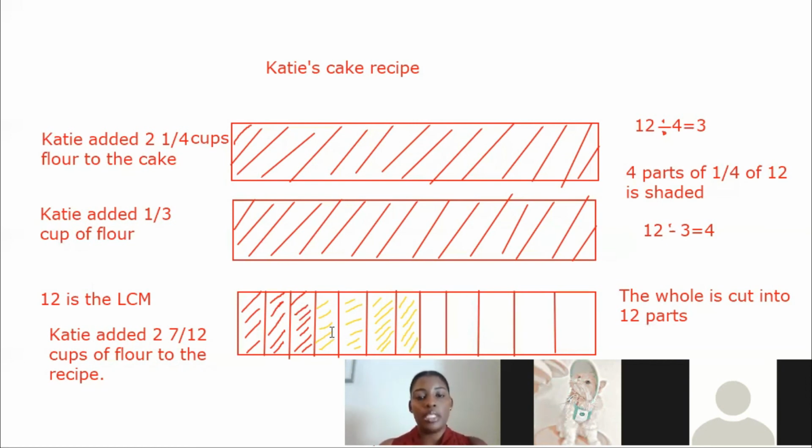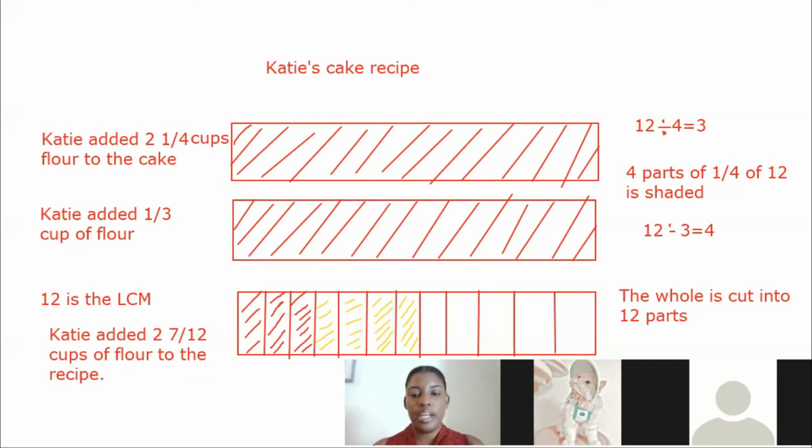And then we represented 1/3 of the 12, which is the yellow shaded portion with 4 sections shaded. In total, we can count 1 whole, 2 wholes, and 1, 2, 3, 4, 5, 6, 7, and we know that this is 12 sections or 12 parts. So we can say that Katie added 2 and 7/12 cups of flour to the recipe, right? Yes, miss. Are there any questions? No, miss.